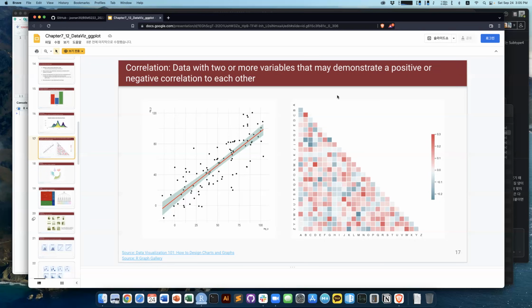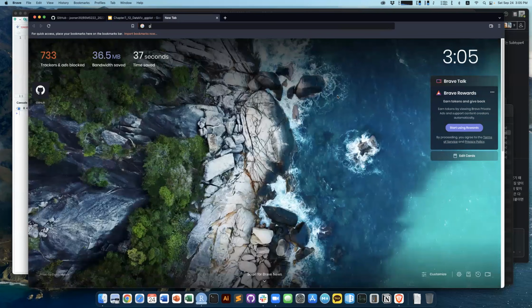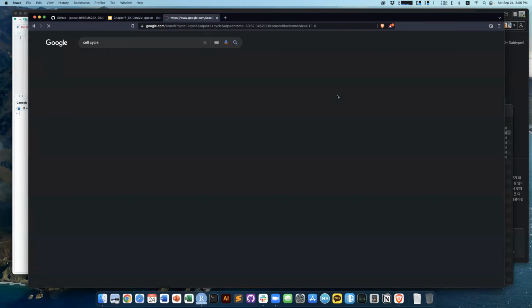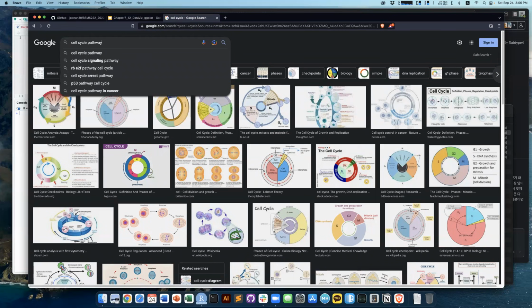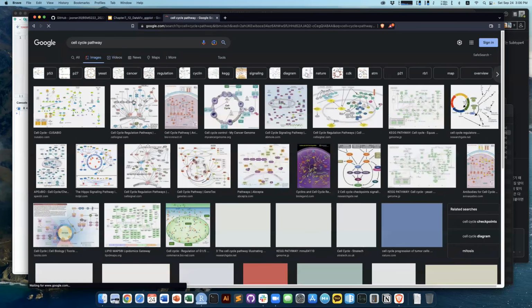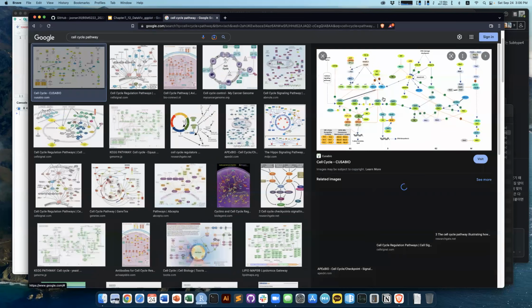So they should have higher gene expression correlation than others who are not in the same pathway. What I mean is, if you look at the cell cycle pathway, this is one example.